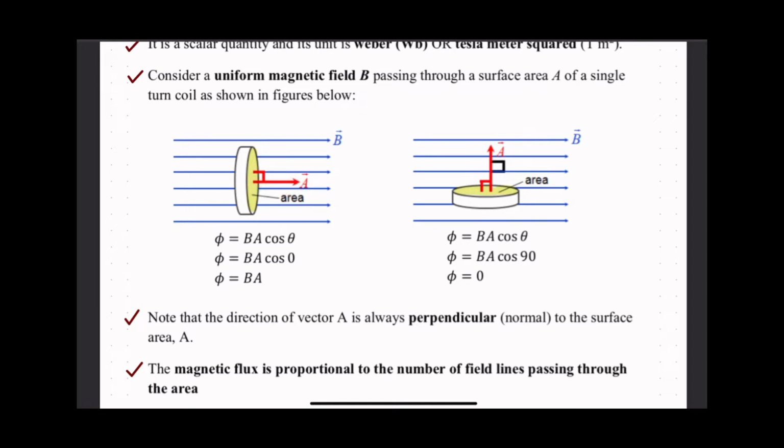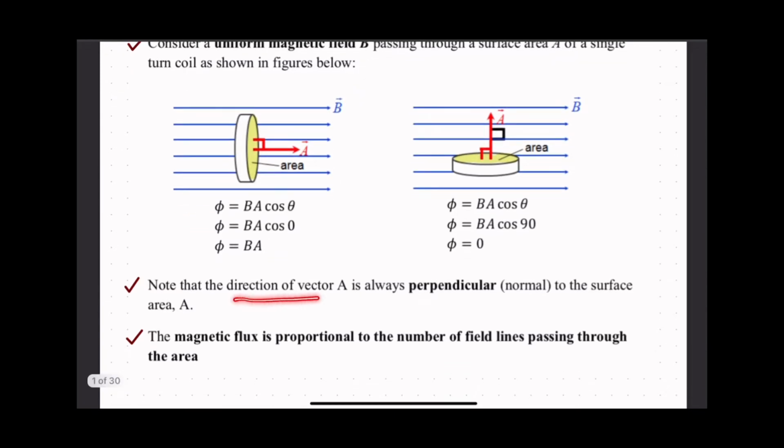Okay, so for the angle, you must understand it is the angle between the normal to the surface and B. Okay, not the plane of the coil and B. No, it must be vector area A and B. Okay, not the plane and B. So you cannot look at this yellow colour. Okay, make sure you know how to find the angle between B and A. Alright, note that the direction of vector A is always perpendicular or normal to the surface area.